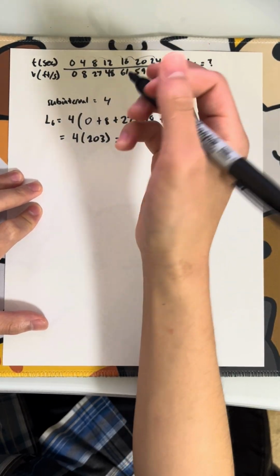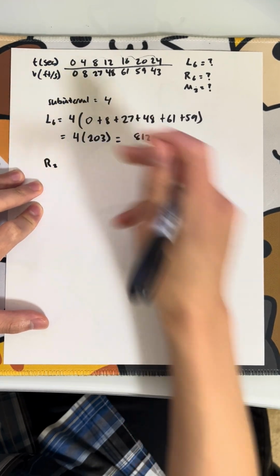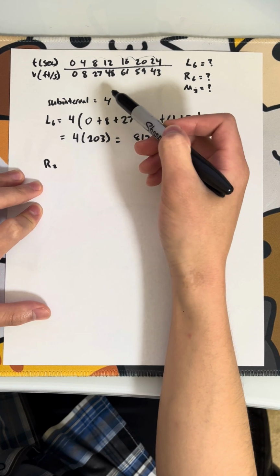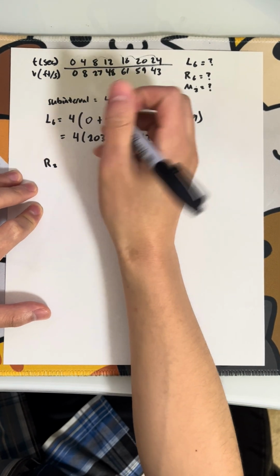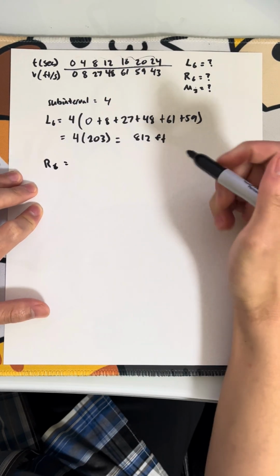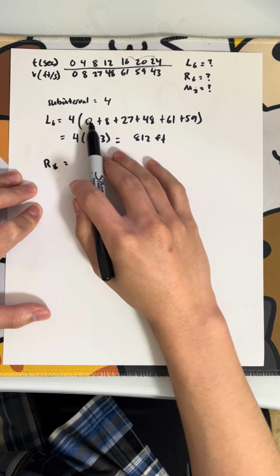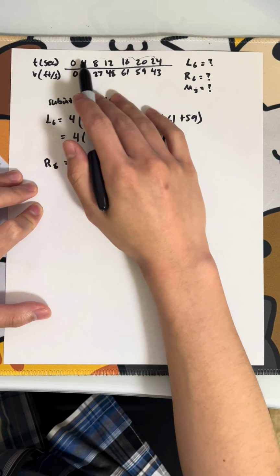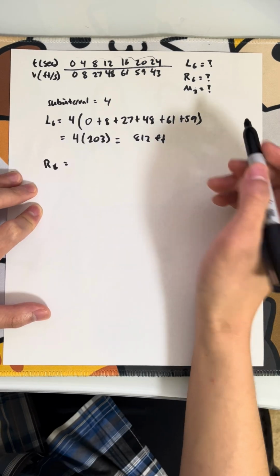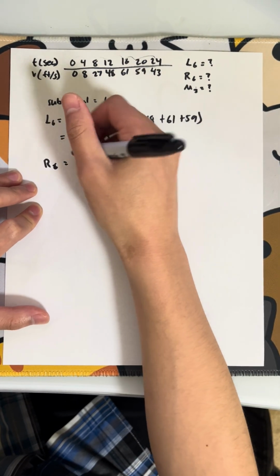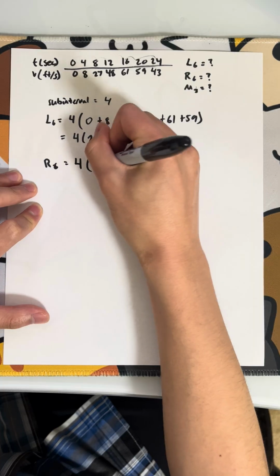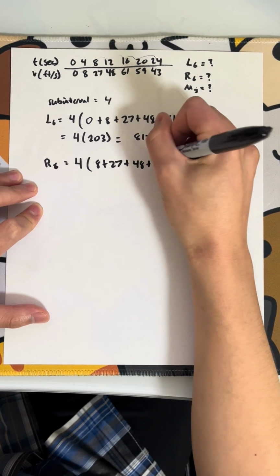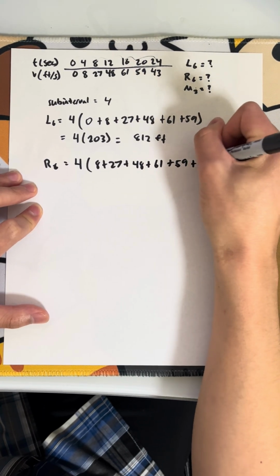Okay, so now to find the right Riemann sum, we're given the same subinterval. However, instead of using 0, we're going to include 43. We take everything from this side on, because there's 1, 2, 3, 4, 5, 6 rectangles, or 6 values that we need to use. So it'll be 4 times 8 plus 27 plus 48 plus 61 plus 59 plus 43.